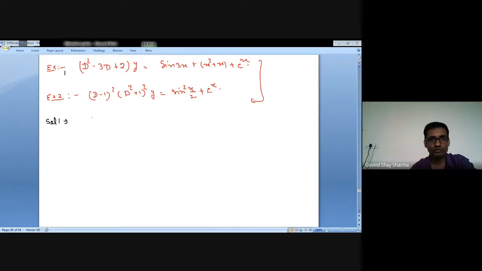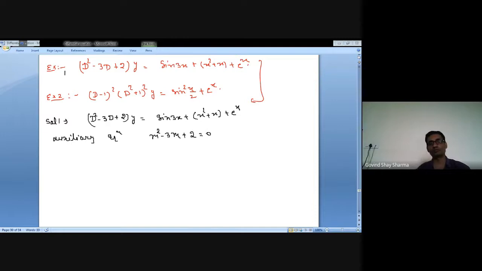Solution first. D square minus 3D plus 2 y is equal to sin 3x plus x square plus x. Okay. Now make the auxiliary equation: m square minus 3m plus 2 is equal to 0.